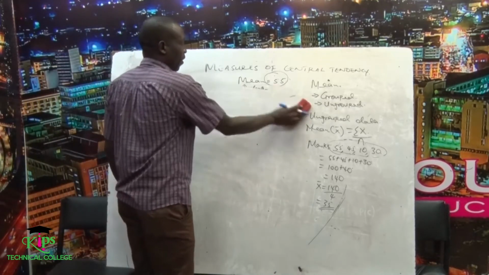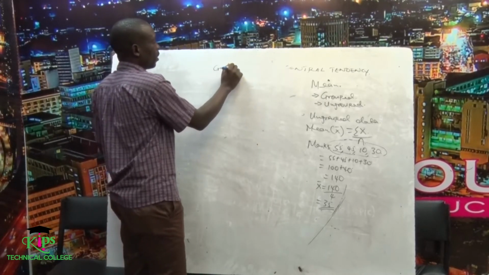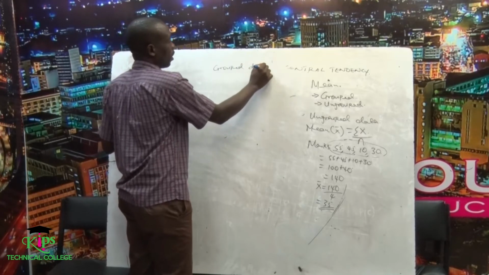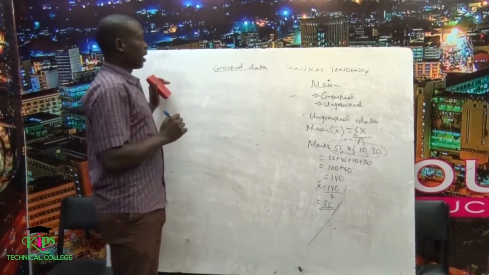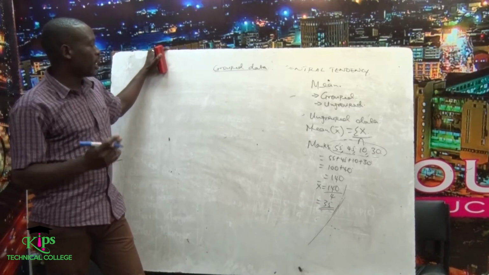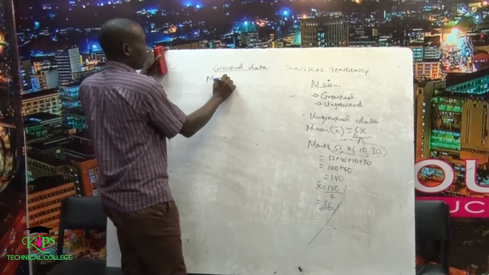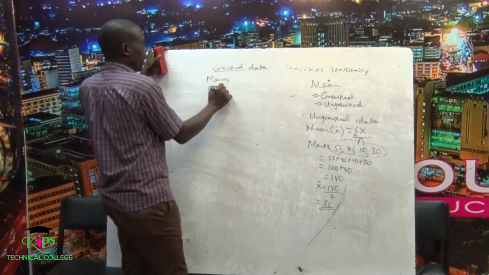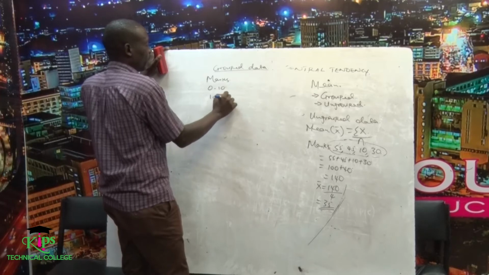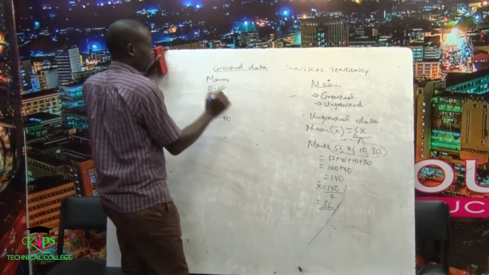Let us see another case, the grouped data. Grouped data is data that is organized into classes, and you can be given information like this. The marks were from 0 to 10, 10 to 20, 20 to 30, 30 to 40.